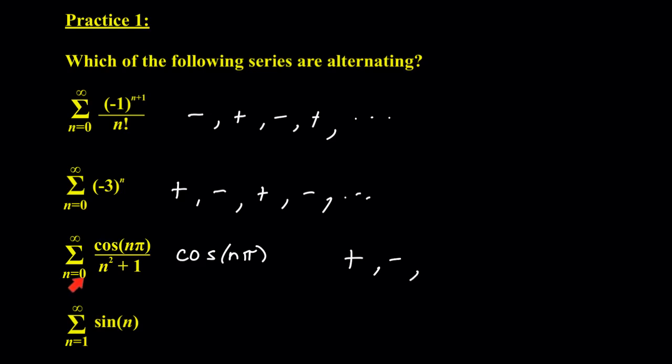And then you go to n is 2, which will give you cosine of 2 pi, which is positive 1. And then you'll get cosine of 3 pi, which is negative 1. So yes, this does cause this series to alternate signs. This acts in the same way as negative 1 to the n power, because you're going to start out with a positive number and then negative, positive, negative, positive, negative.